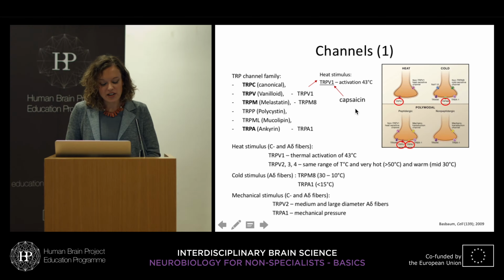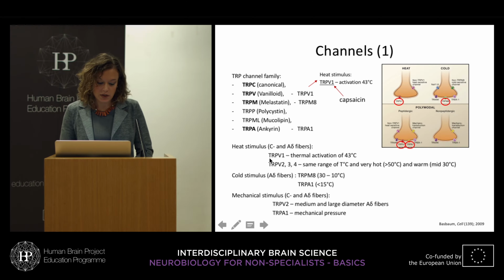This channel is also activated by capsaicin, the component of hot chili peppers, and is expressed on the nociceptors that respond to heat. Other channels are, for example, TRPM8 that responds to cold stimuli, or the ankyrin family, TRPA channels, in particular the TRPA1 channel that is involved in mechanical stimuli.